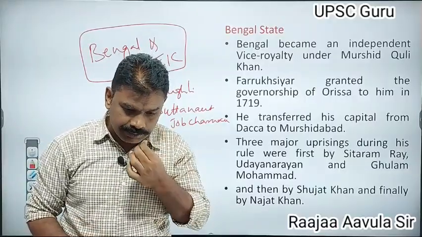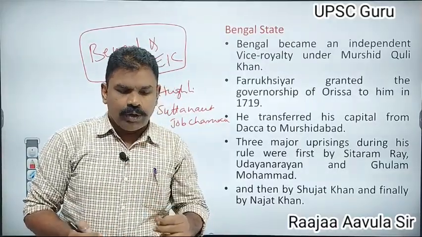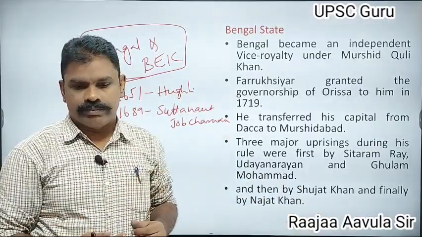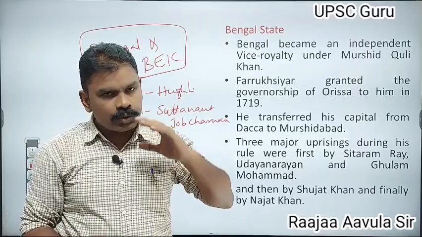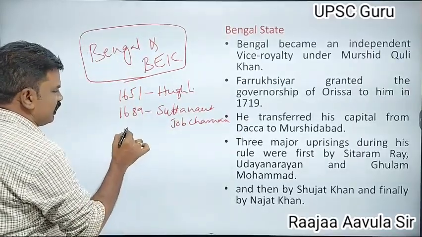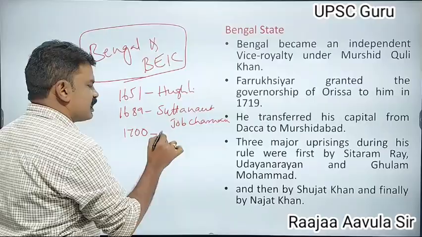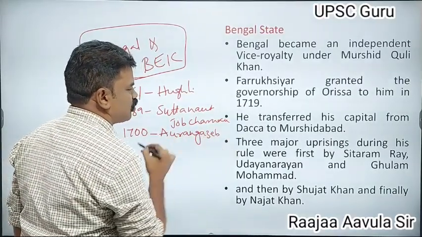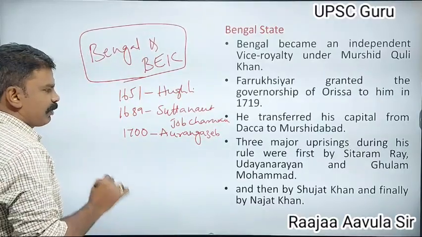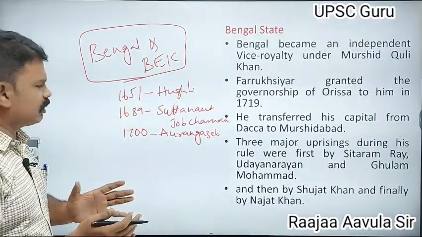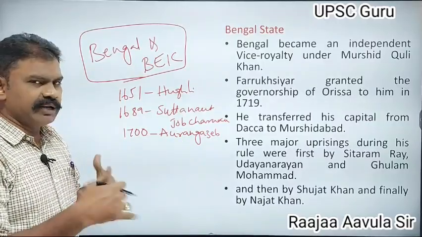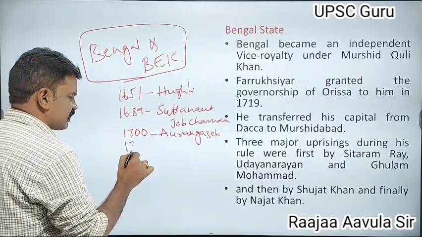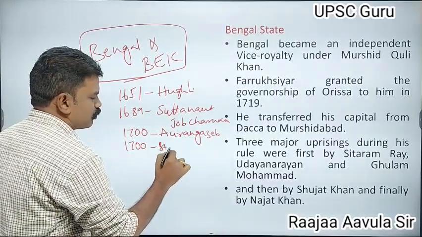But during this period, the British East India Company did not pay money to Aurangzeb. That's why Aurangzeb ordered the arrest of all the British men who were in Calcutta in 1700. But the British immediately paid the amount, so Aurangzeb withdrew that. In 1700 they constructed St. William Fort.